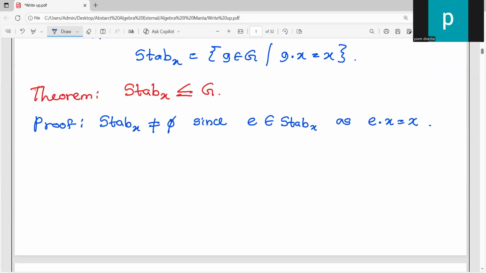Now, the next would be to pick any two elements from this set, the stabilizer of x.